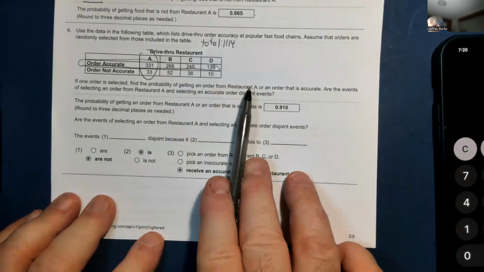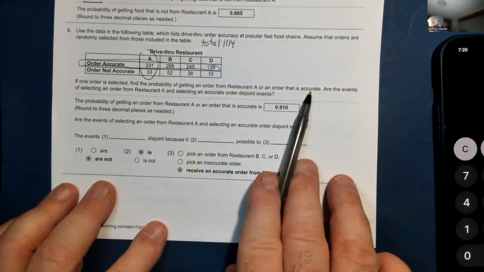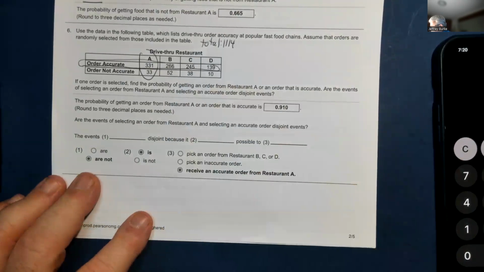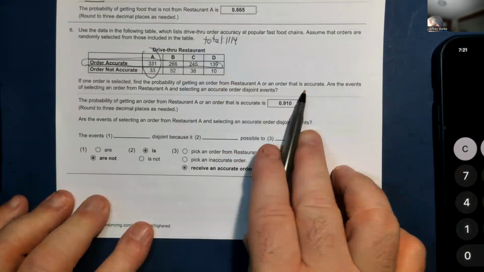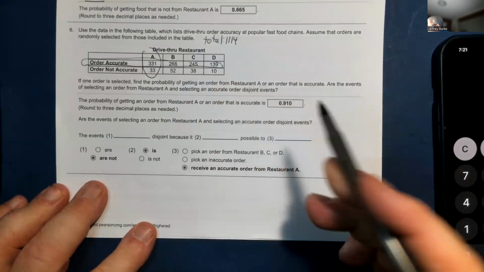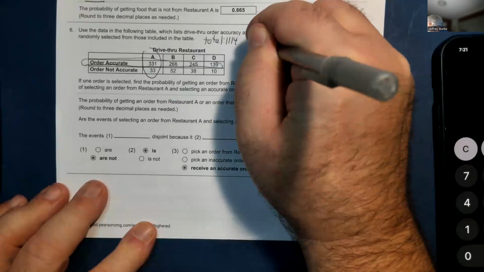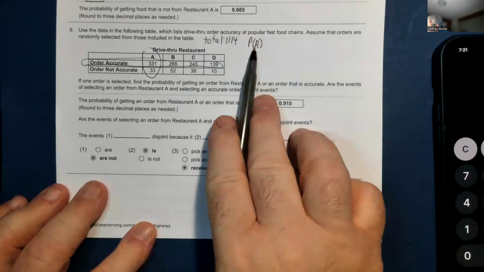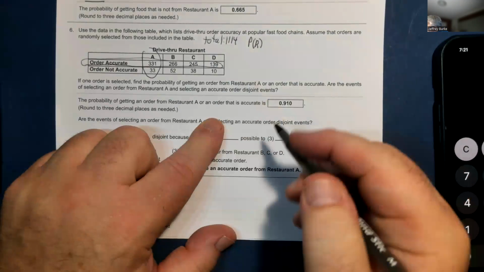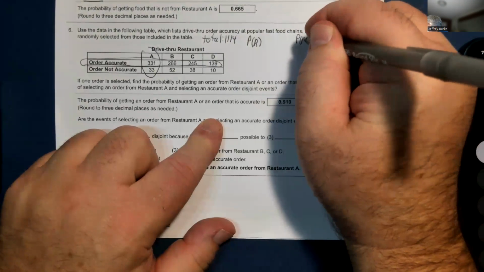So I want the probability of getting an order from restaurant A or an order that's accurate. I hate that this is restaurant A and that this is accurate, so what I'm going to say is the probability of R. That's going to be the probability of getting an order from that particular restaurant. And then I'm going to say the probability that the order is accurate.